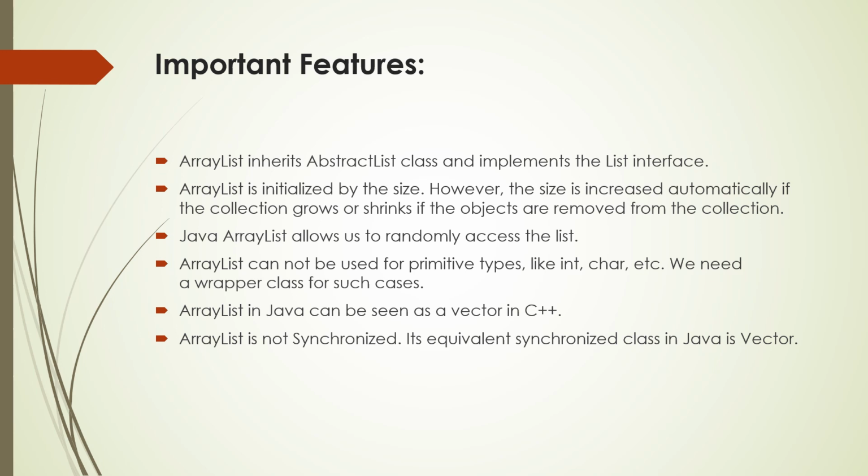While we insert any other inputs, the collection grows, or shrinks if objects are removed from the collection. While we are removing elements from the array list, it shrinks. Java ArrayList allows us to randomly access the list.